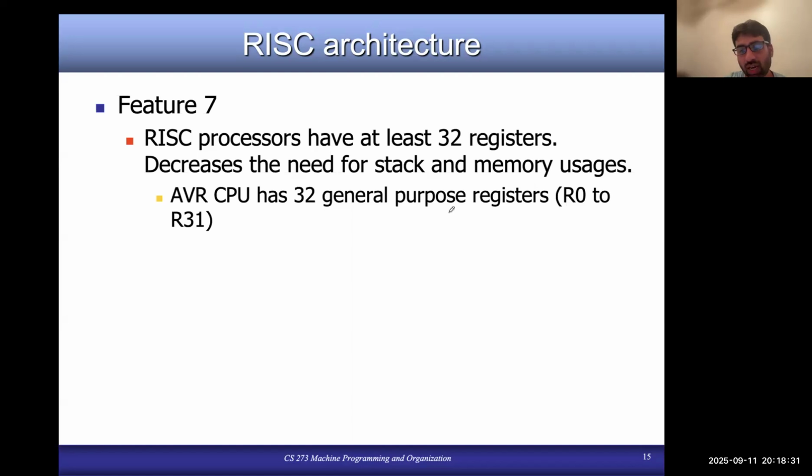Compare it with the case where you have a smaller number of registers: then you will have to frequently put your values into the memory because you don't have any more registers available. Any questions?